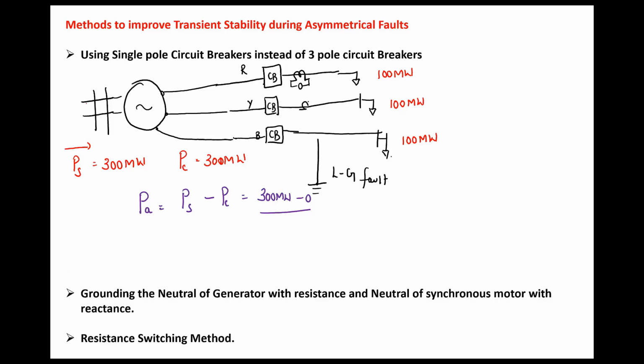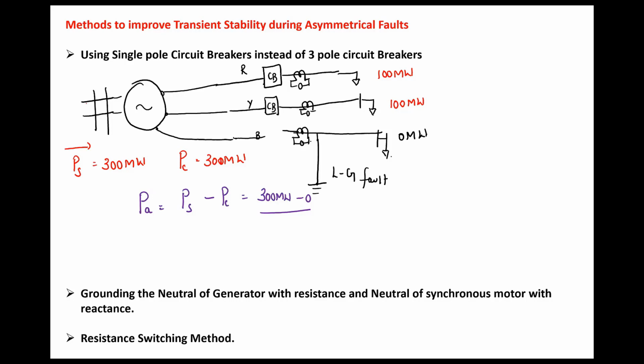Understand? So what happens in this case if a single line to ground fault occurs? Only the B phase circuit breaker will open. So when only the B phase circuit breaker opens, the power output on the B phase becomes 0 megawatt, but the remaining two phases continue to supply power.